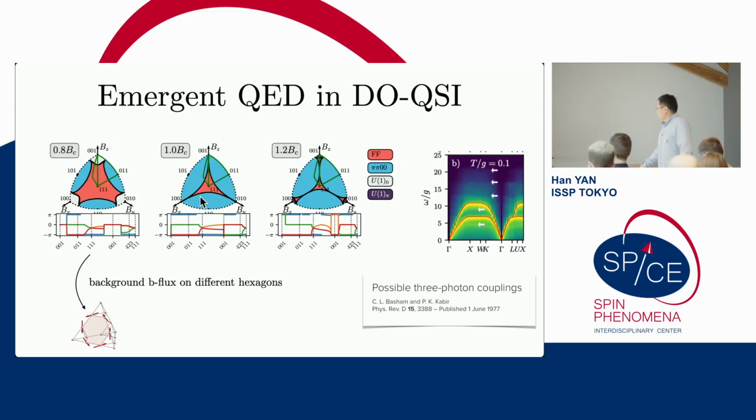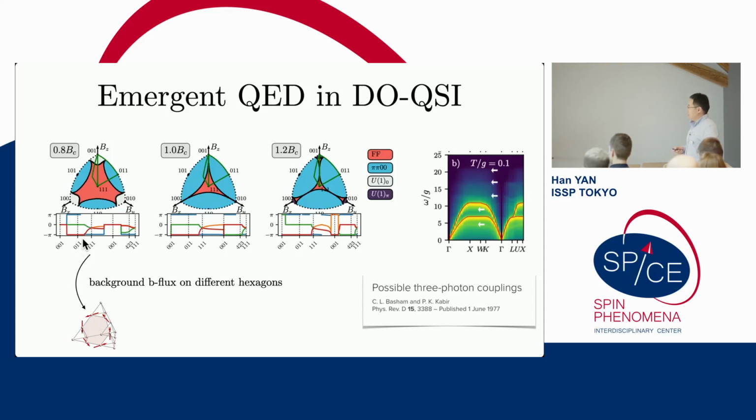Because of time, I cannot go into details of all of this. But the point is, if you point B in other directions, you can have this frustrated flux configuration where the flux on each plaquette is not quantized to be pi or 0 anymore.